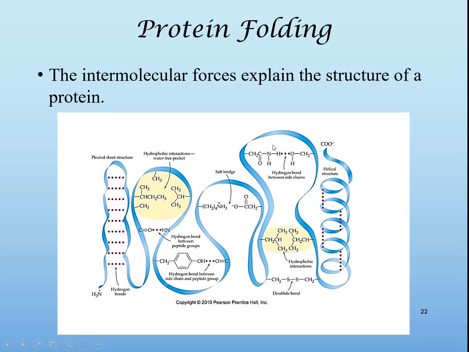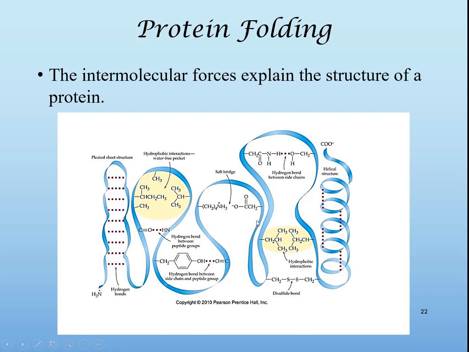We see hydrogen bonds between an amide function and an alcohol function up here, and we also see ionic interaction between an ammonium type function with a carboxylate function here, and finally we see what they refer to as hydrophobic interaction, the interaction of different alkyl groups with each other via London dispersion force.